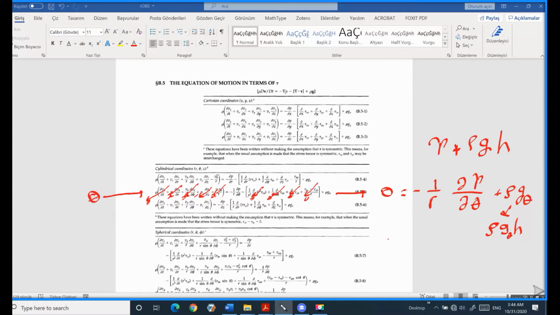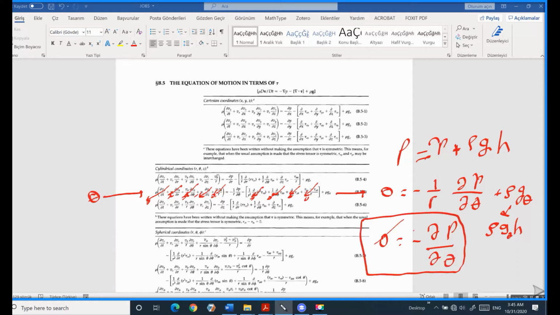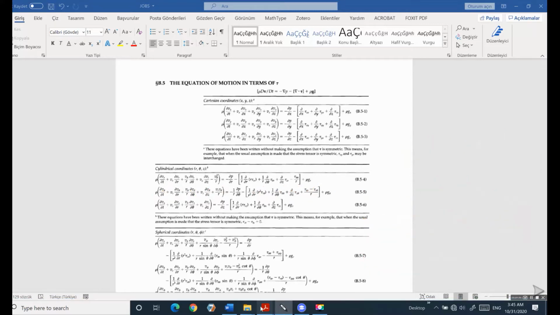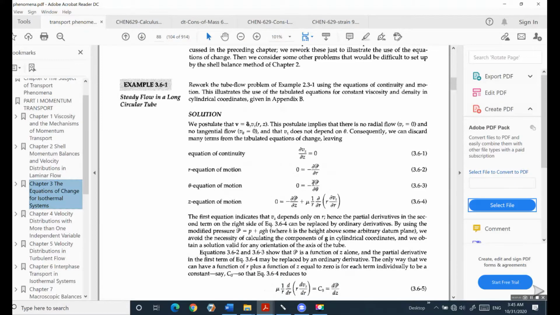Taking this to the left, it's going to be 0 minus the partial derivative of big P with respect to t. So this is the result for the theta direction. We obtain that one 0. Similarly for the r direction, you see it is similar.